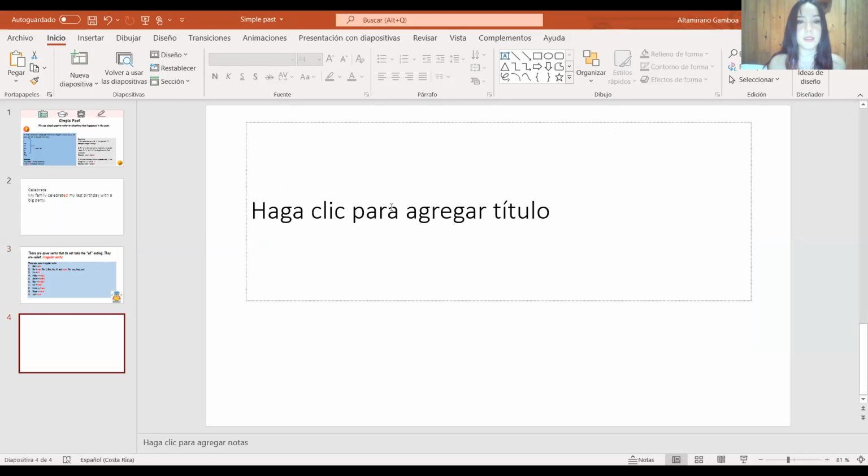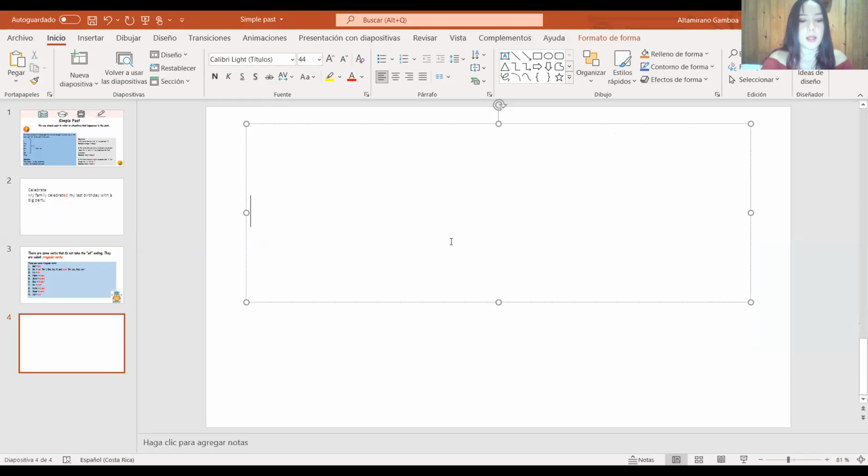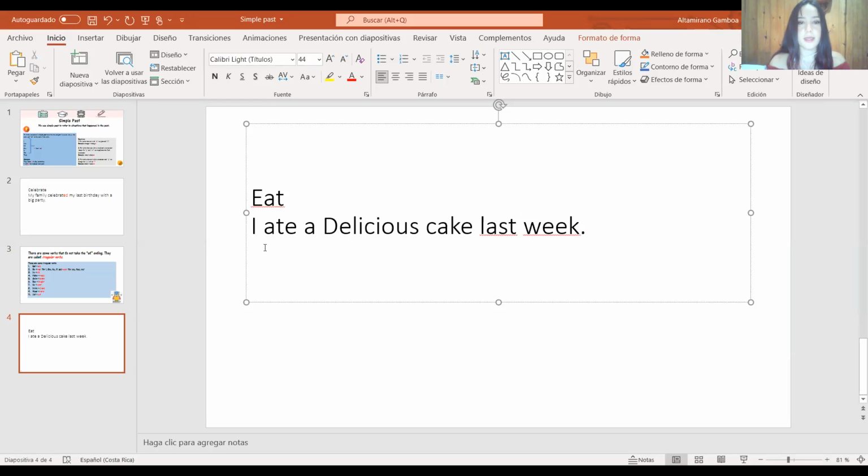Now I'm going to write here an example. Let's use this verb, eat. Let's create a sentence in the past using this verb. I ate a delicious cake last week.